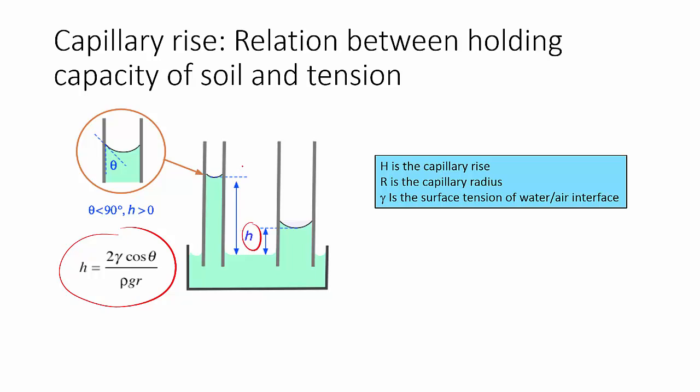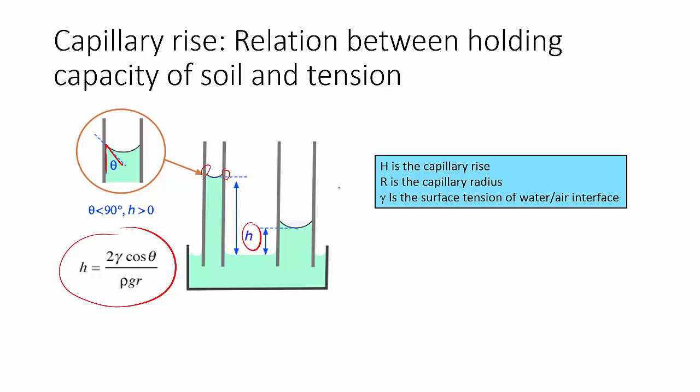And the capillary tension will make, in the case of water, this angle theta, because the water wants to minimize the surface area, so especially on glass, it will form that meniscus there.